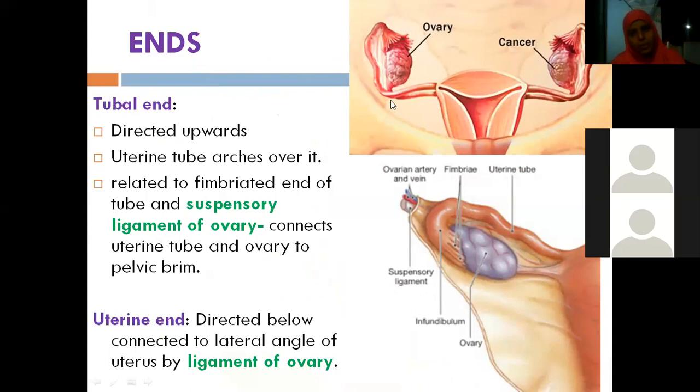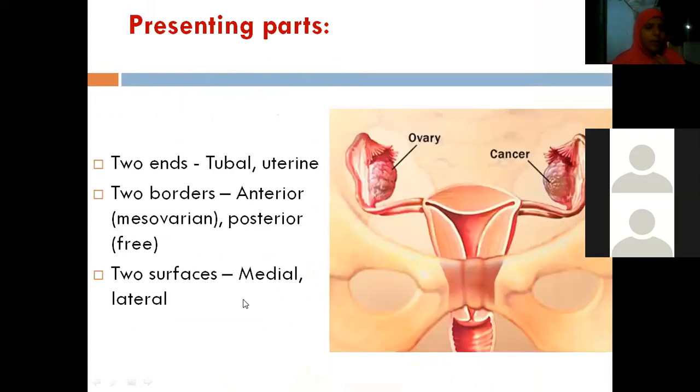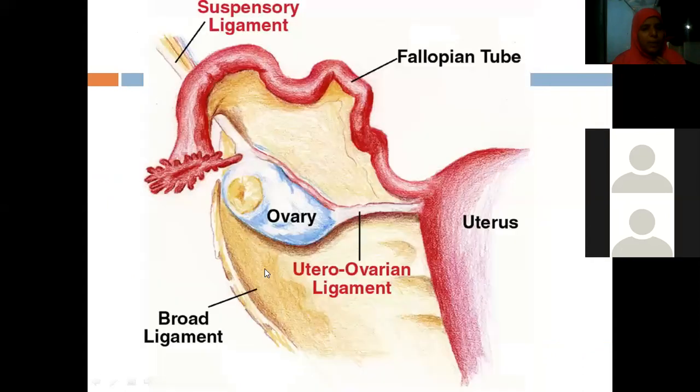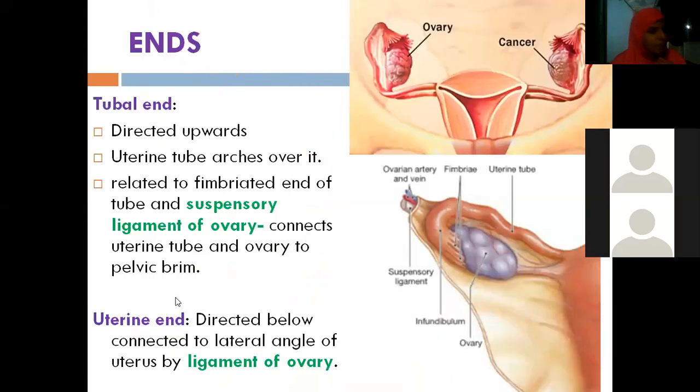Now coming to this lower end. Okay, at the lower end you have one more ligament. No, what is the name of this ligament? Ovarian ligament, or the ligament of ovary, or utero-ovarian ligament. Okay, same thing.